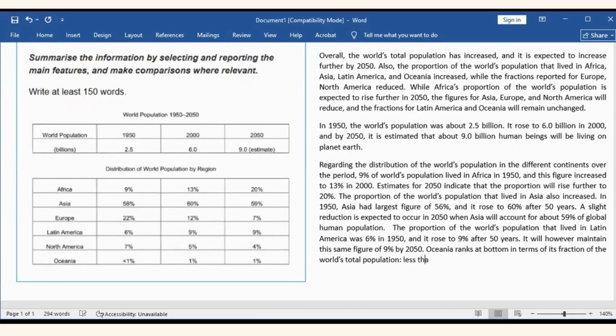Less than 1% of people worldwide lived in the region in 1950, but it increased to 1% in 2000. And this same 1% will be reported in 2050. So I've talked about the categories that increased between 1950 and 2000.